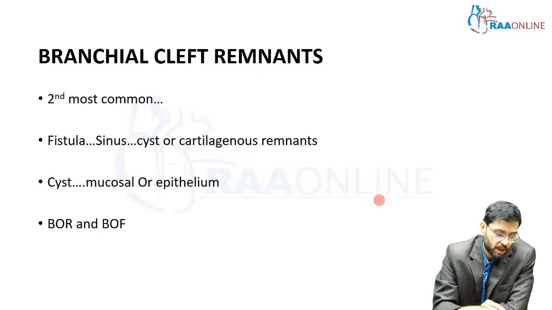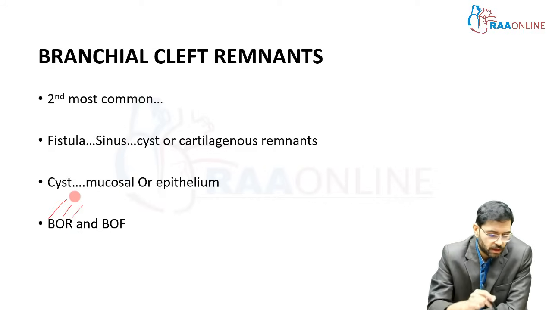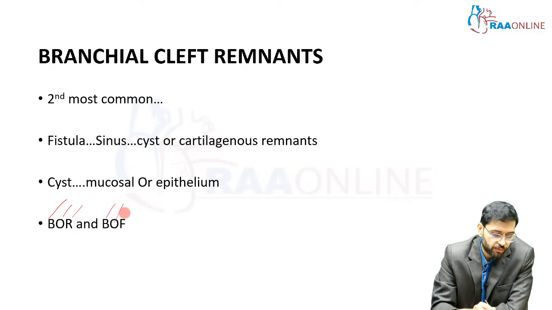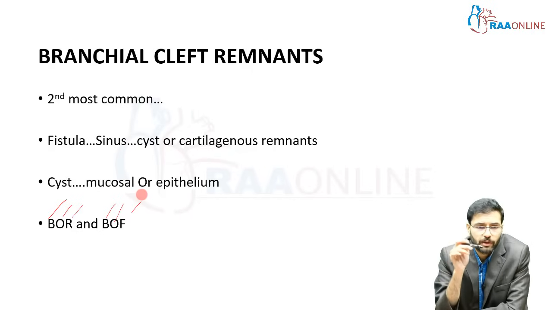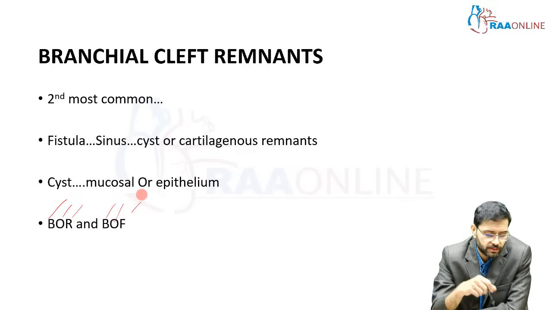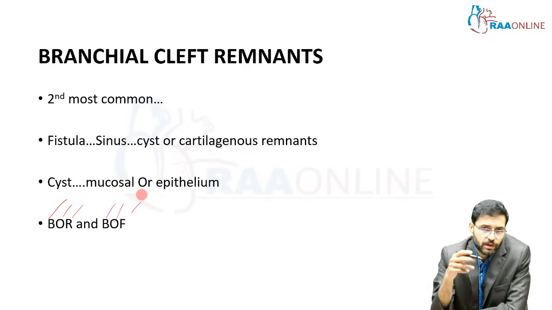One is BOR, branchio-oto-renal syndrome. The other is BOF, branchio-oto-facial syndrome. Branchio-oto-renal syndrome includes branchial cleft remnants with ear abnormalities and renal abnormalities. Branchio-oto-facial includes again ear anomalies along with facial cleft disorders.